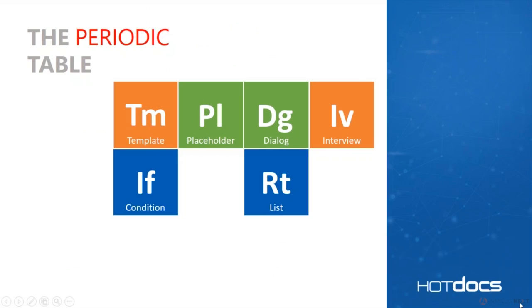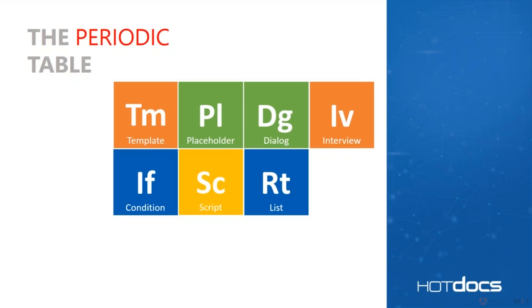So all of these things that we've discussed so far, the construction, the templates, the interactions of the variables, the behavior of the dialogues and the interviews, the conditions themselves, the way repeats are used, all of those can be controlled and expanded and extended using HotDocs scripting. HotDocs has a very powerful scripting language built into it that lets us extend the functionality of HotDocs to near infinite lengths.